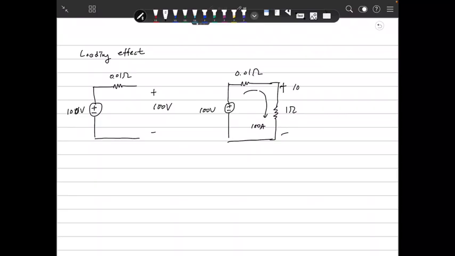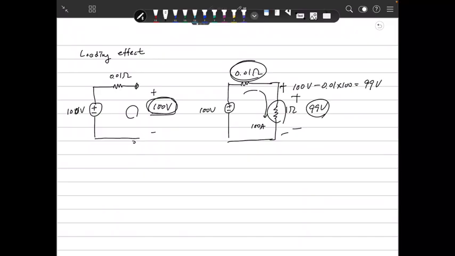Because this voltage is 100 volt minus the voltage drop here, 0.01 ohm times 100 amperes, so there will be 99 volt. So the output voltage is 99 volts. We call this the load effect. The output voltage is a little bit different according to the load conditions. If the load is infinity, the voltage is 100. If the load is 1 ohm, the voltage is 99 volts.